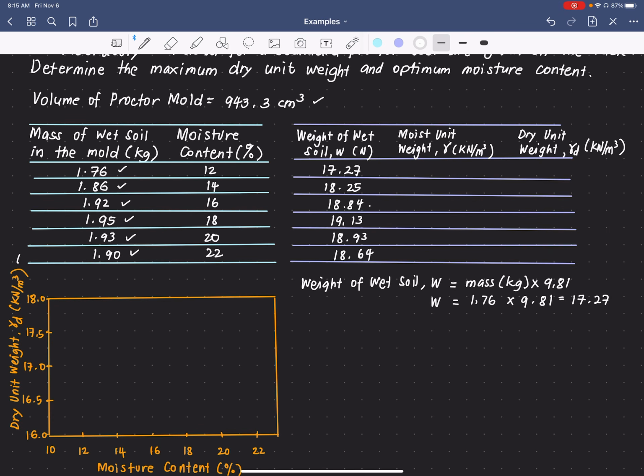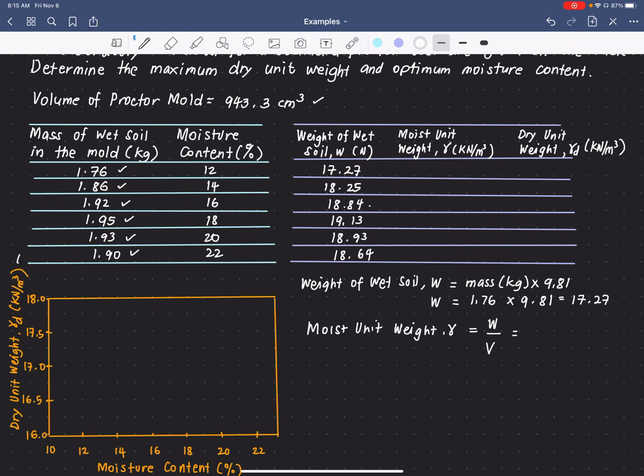Then, since we already have the weight of wet soil, we can now calculate the moist unit weight. We have a formula for calculating the unit weight that is simply equal to the weight over the volume.